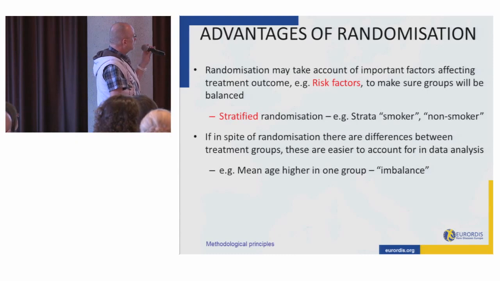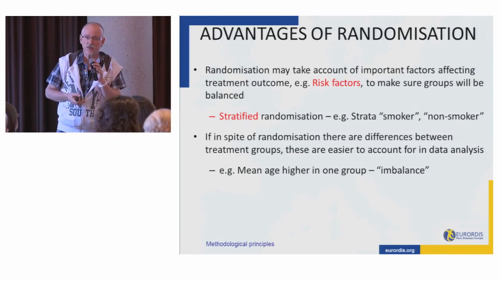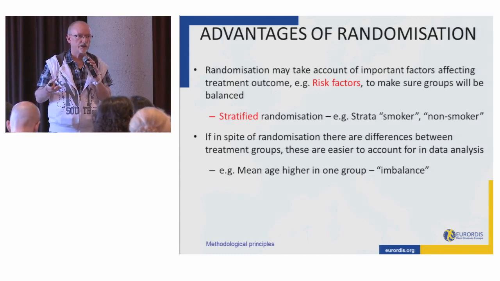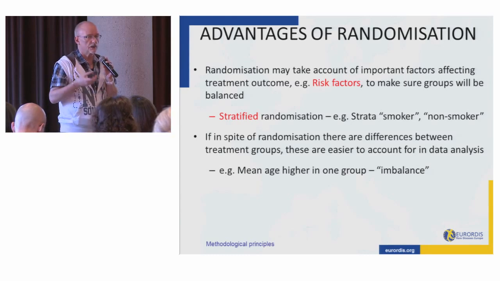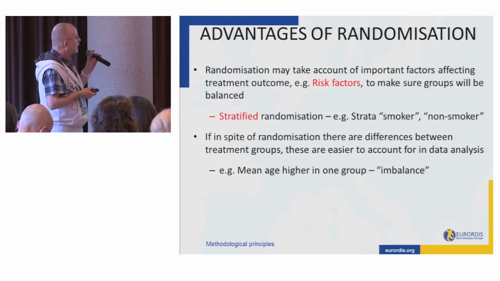What we oftentimes see is that even if we do randomization, there could still easily be some differences in the groups, like a high number of males in one group or a higher mean age of patients in one group.